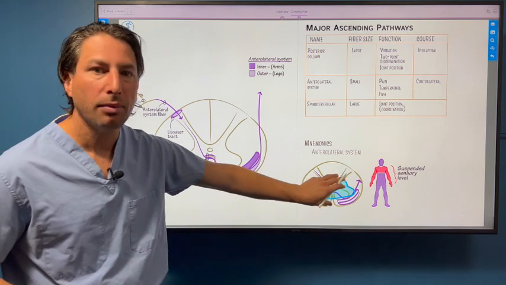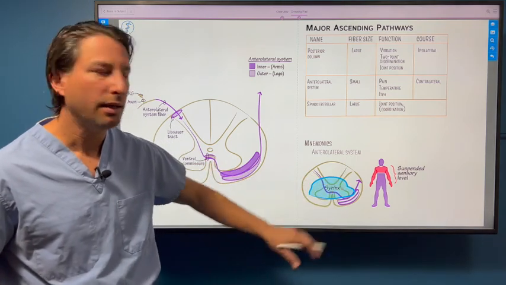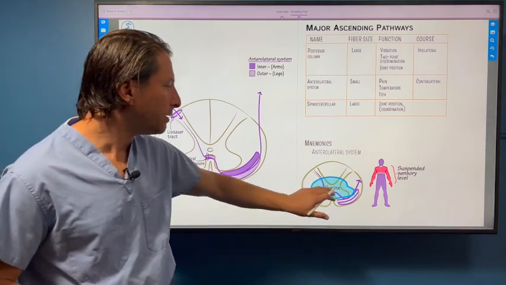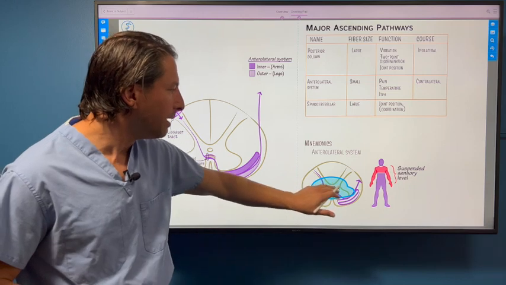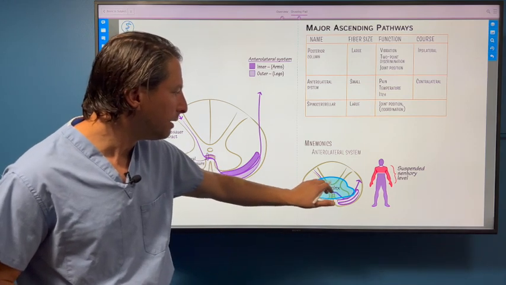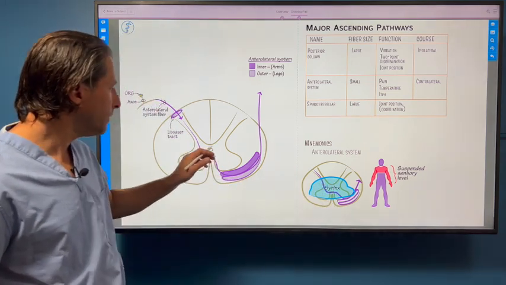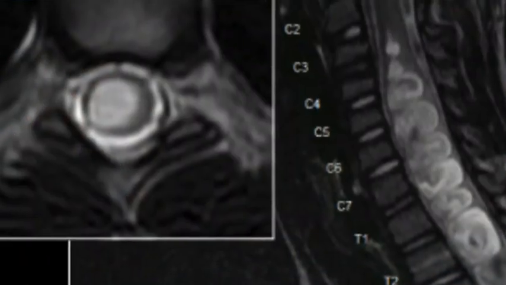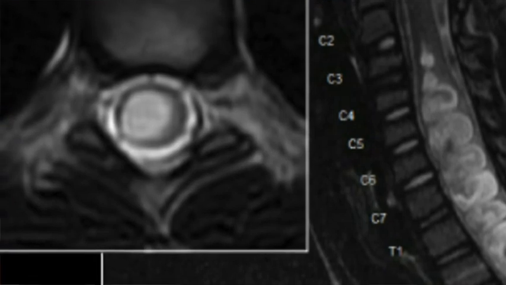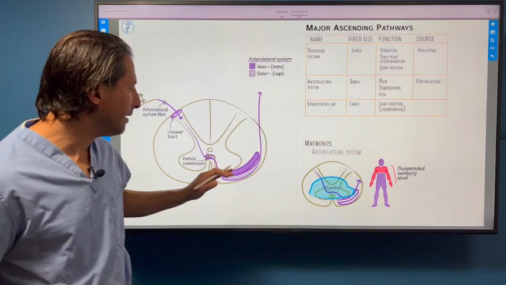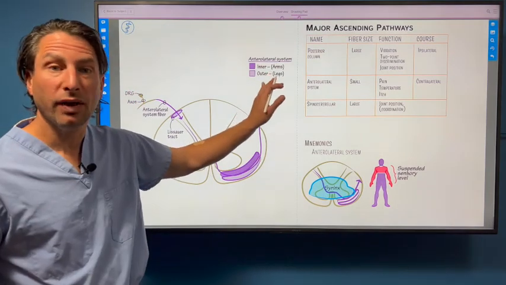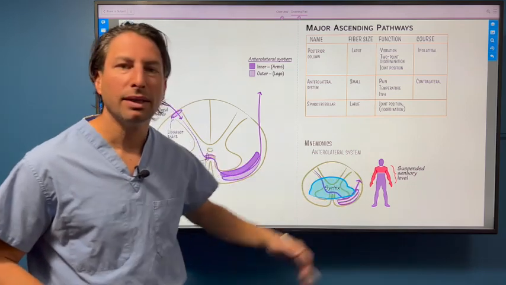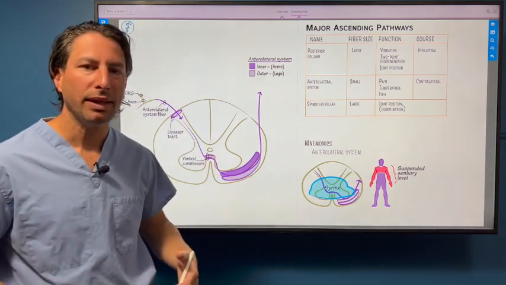And the way that we can remember this is with the mnemonic of a syrinx. So this expanding syrinx here in the center of the cord, so the syrinx grows out of here, expands out of here. The first thing that it's going to impact are these inner fibers, these arm fibers. So we see what's called a suspended sensory level.